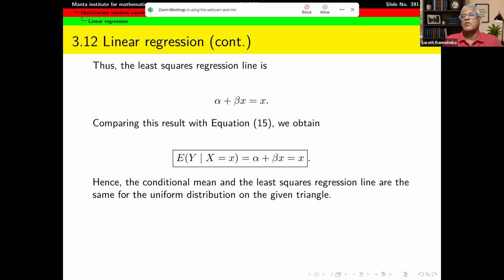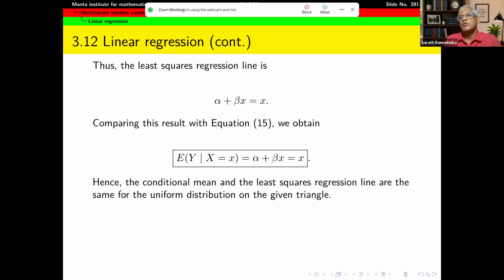That means expected value of y given x, which is the best predictor among all predictors, is the same as the least squares regression predictor in this case, x, right? So the conditional mean and the least squares regression line are the same for the uniform distribution on the given rectangle.